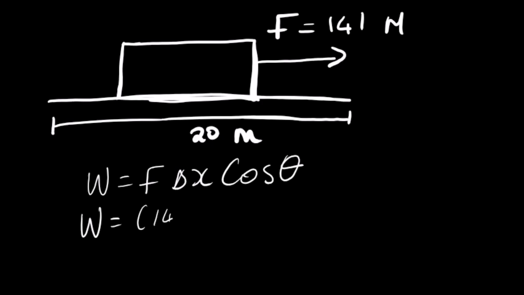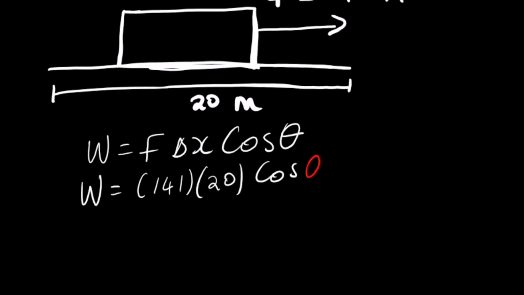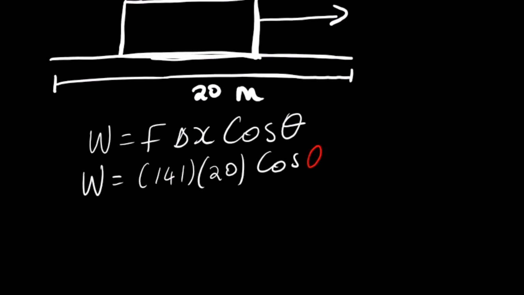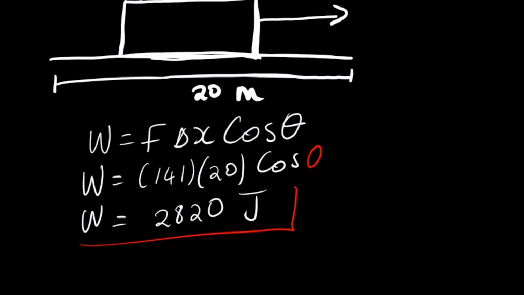Our force is 141. Our displacement is 20, cos 0. Punching this on the calculator, we get the answer in joules.